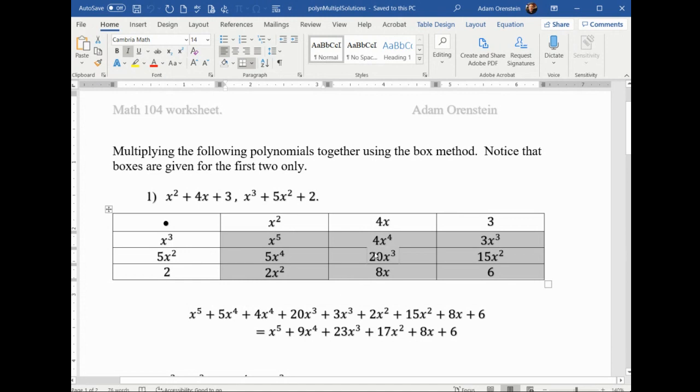Next, we have 20x cubed. We have 3x cubed. We write those. We have 2x squared, but that's not a like term with either of the x cubed terms. We can write that now, actually, because there are no more x cubed terms. We do have 15x squared. Let's write that next. 8x, then 6.